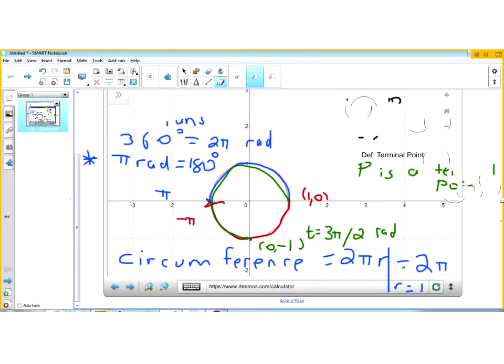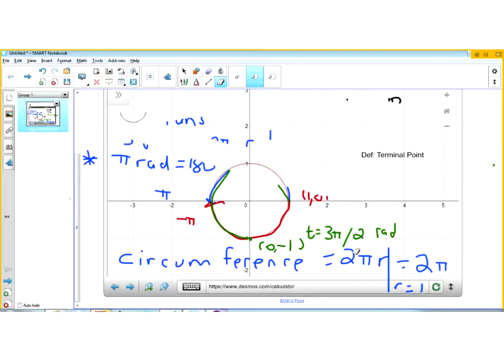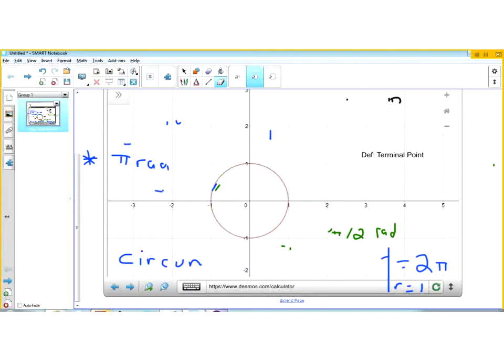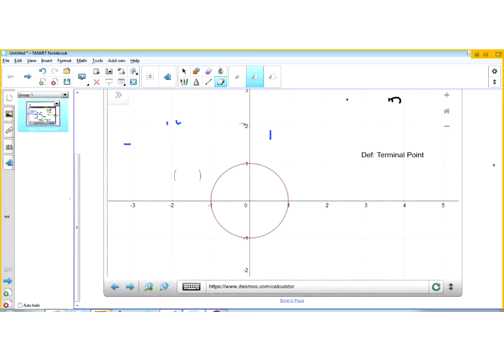So let me erase this. Now, pi halves radians would be essentially 90 degrees. And you can easily identify 90 degrees on the unit circle.